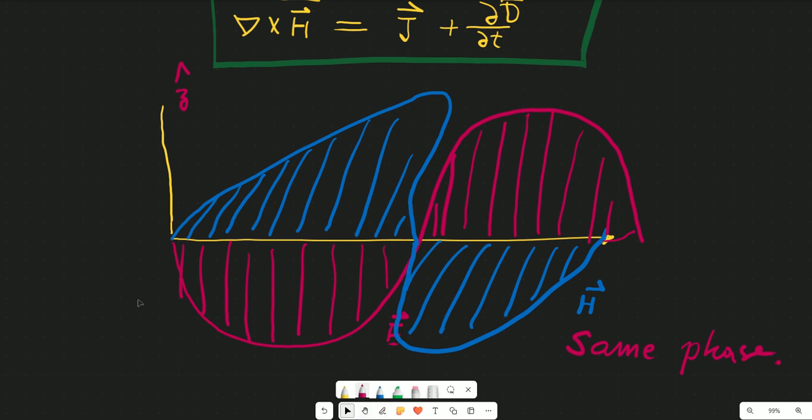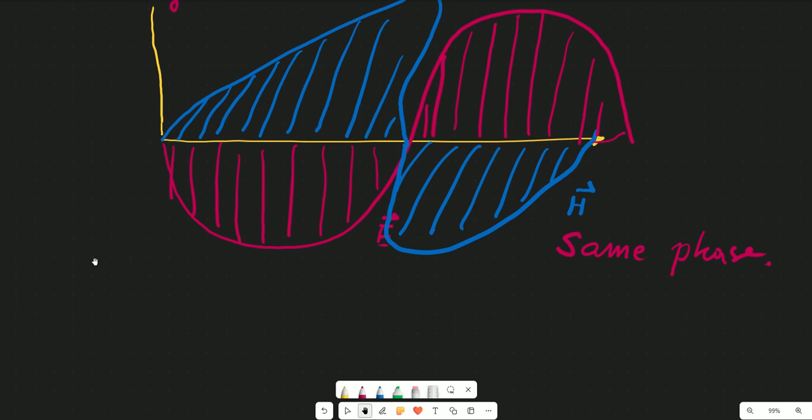However, this is Maxwell theory. According to Maxwell theory, this is wrong.